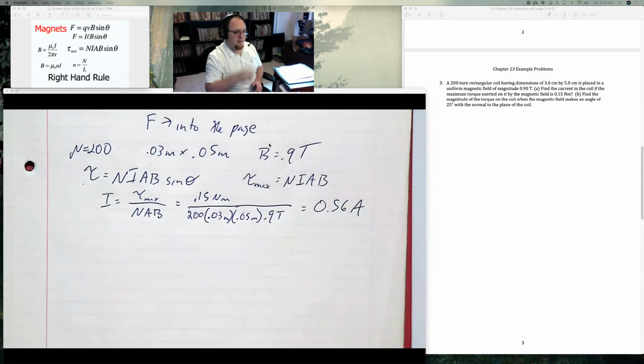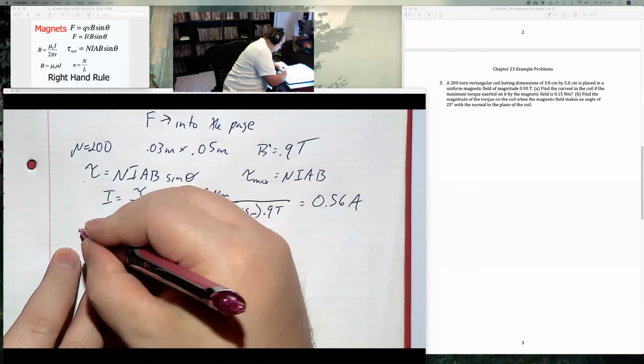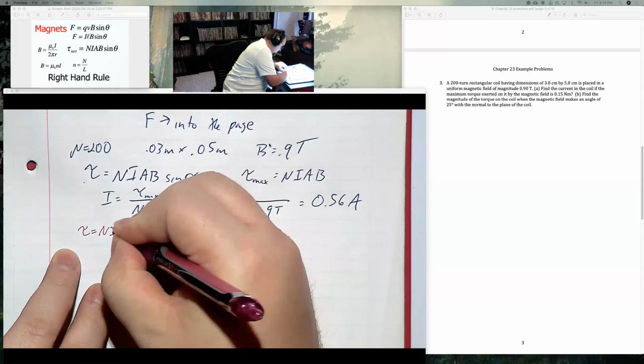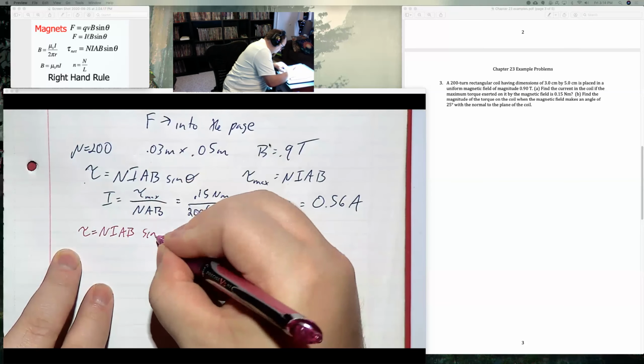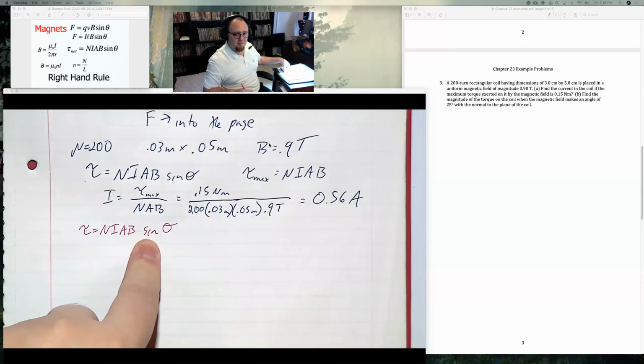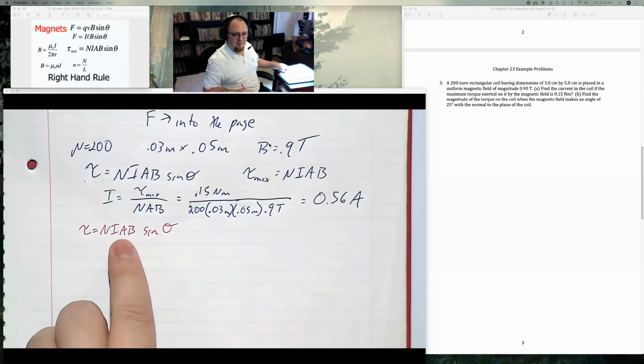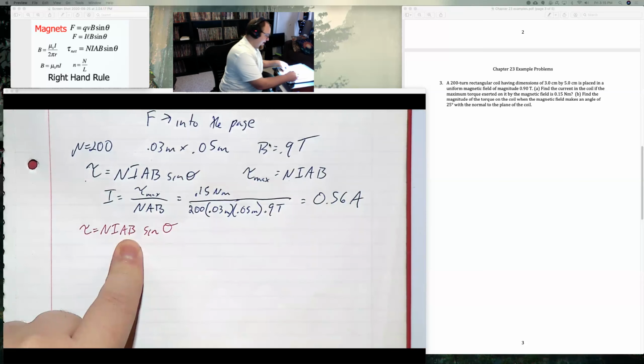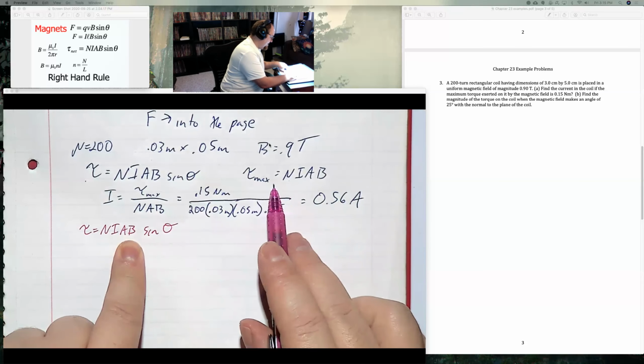Part B says find the magnitude of the torque when you're at 25 degrees. So for part B, I'll just go back to this equation and plug in 25 degrees. Now, to be fair, this NIAB, I could plug in now, but I just found out that NIAB was torque max.